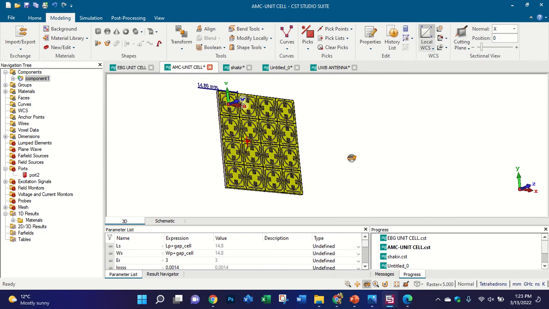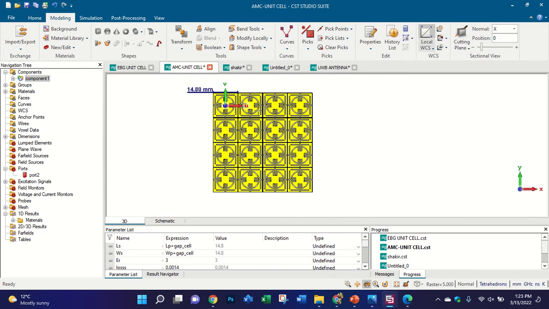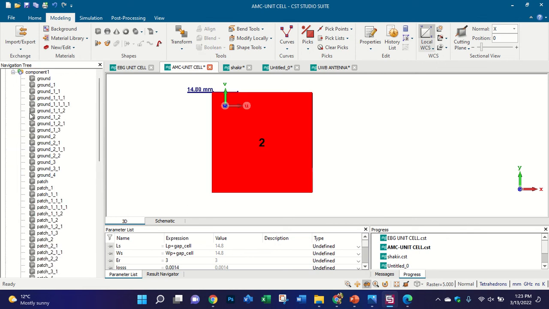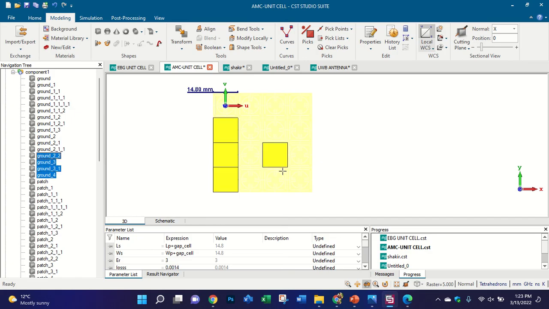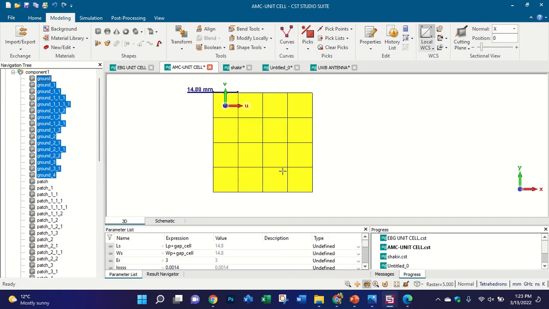It is better if you add all these, like you have a ground plane. These are your ground plane. Select all these and add them into one. Press shift plus button on the keyboard, then it will add all your ground planes.